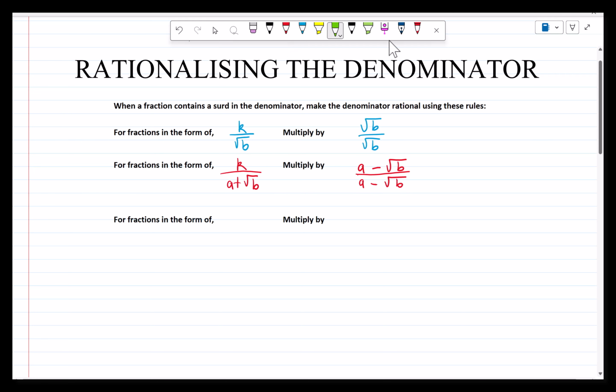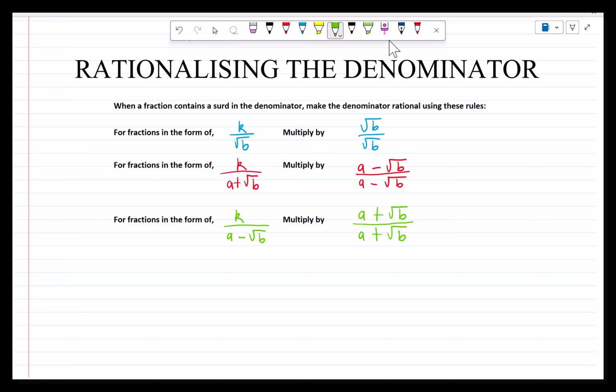And then rule number 3, for a fraction in the form of k over a minus root b, you multiply by a plus root b over a plus root b. So these are the rules that we are going to be using.